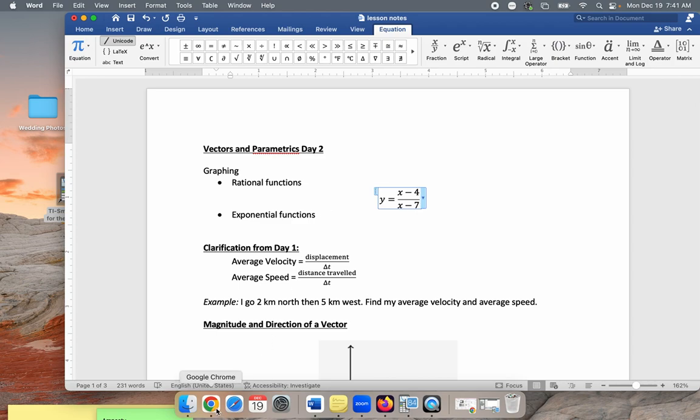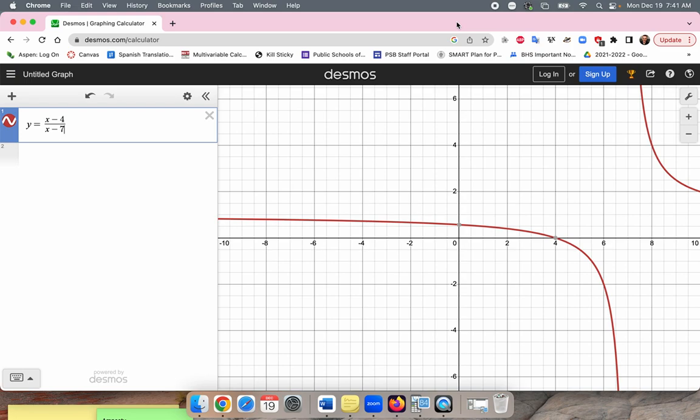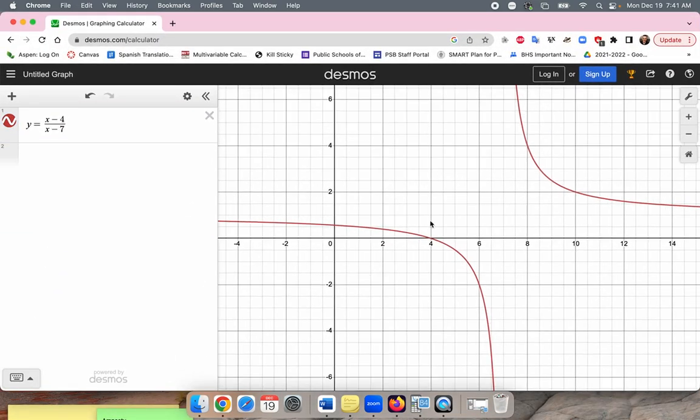If we go ahead and plot this function in Desmos, we'll find that the function looks like this. And I want you to notice a few things. First of all, there's an x-intercept at 4, as you can see.